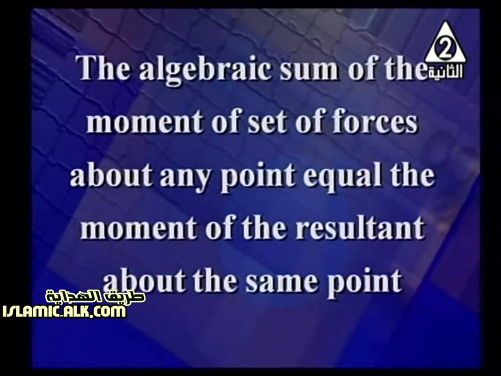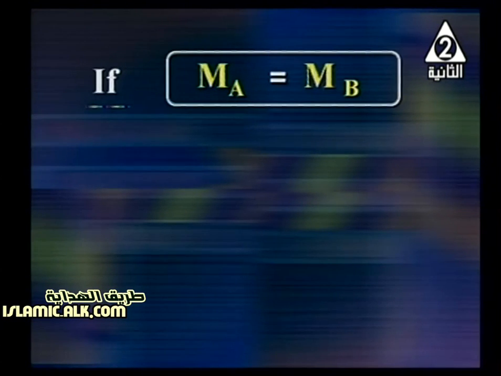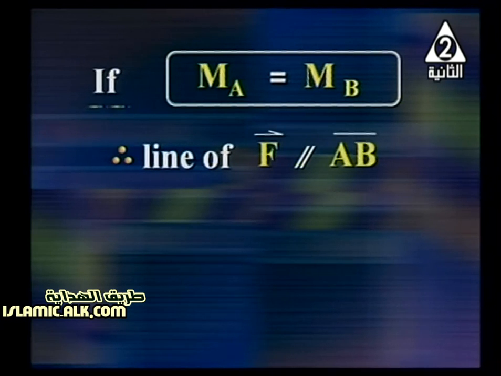Remark. We have two very important remarks. If the moment of a force about point A equals the moment about point B, what do we deduce? The line of the force is parallel to the line segment AB.